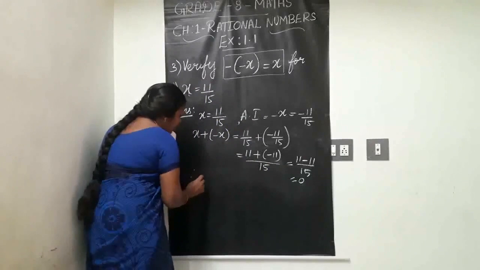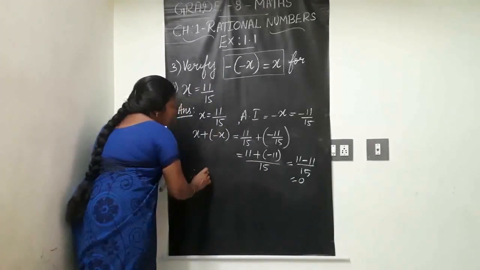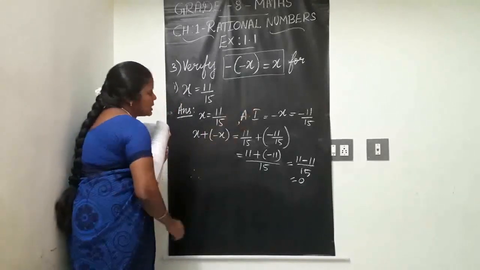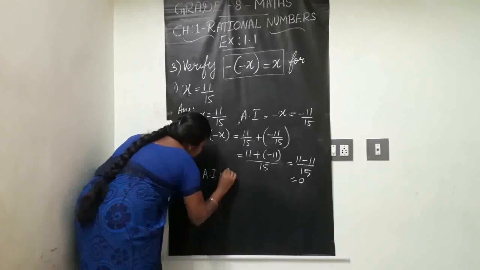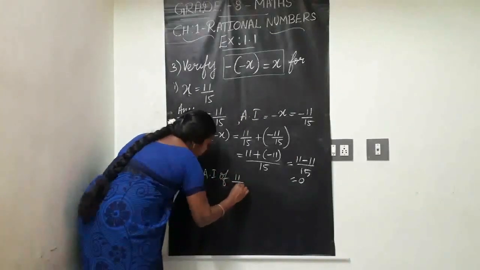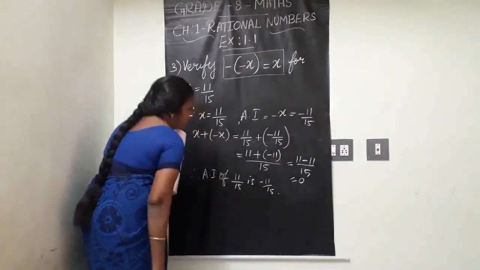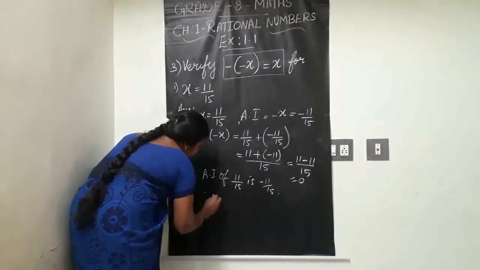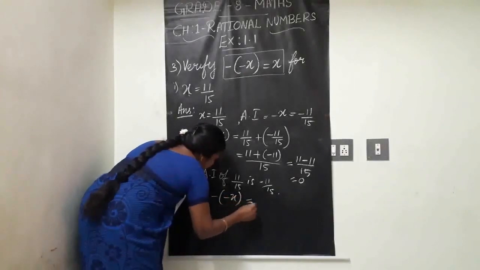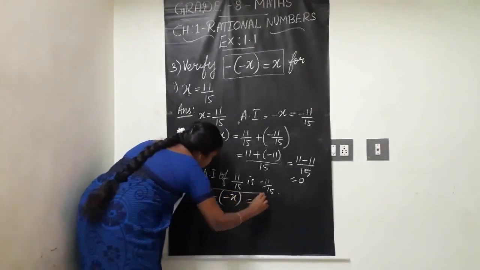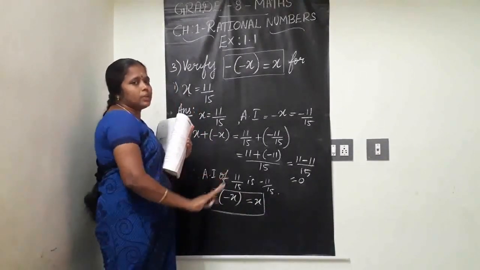So we can write here, additive inverse of 11 by 15 is minus 11 by 15. And therefore we can write minus of minus x equals x. Hence proved.